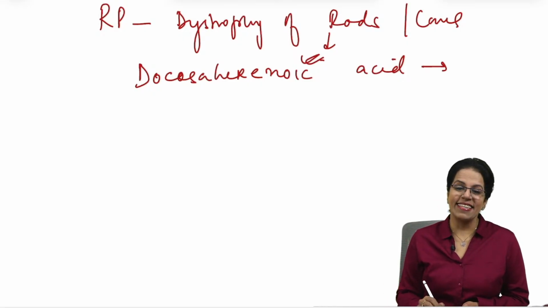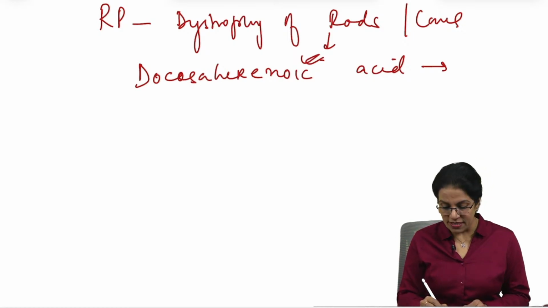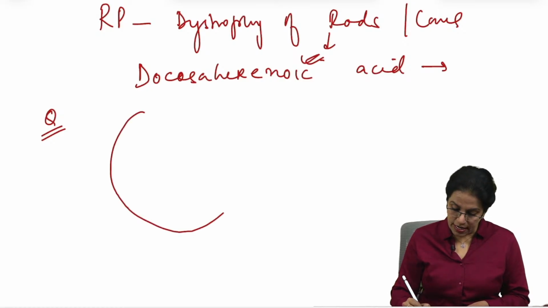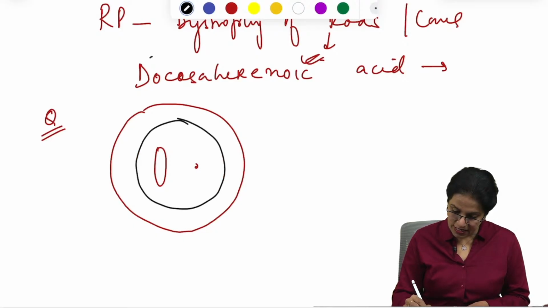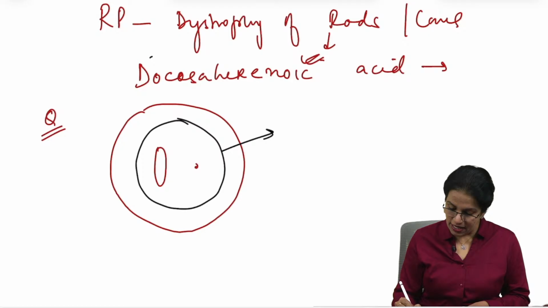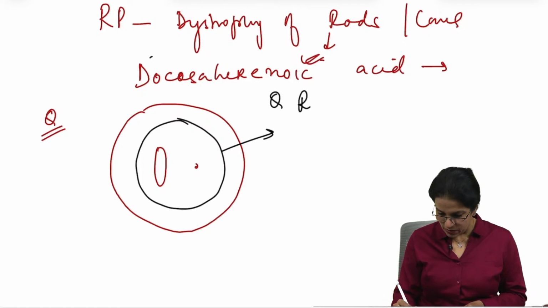Anything else they have asked you in your exams? Inverse retinitis pigmentosa. What does inverse mean? Typical retinitis pigmentosa starts from the mid periphery, so it involves this area first. Therefore, what is the initial field defect? This was also asked: it is ring scotoma.